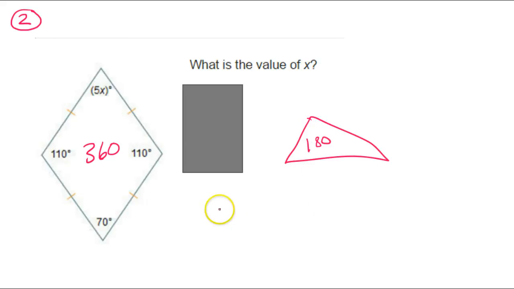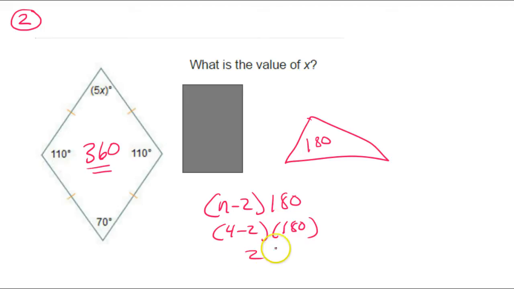But remember, you can use the formula n minus 2 times 180 to figure out the total number of degrees inside of any polygon. If I didn't remember it was 360, that's 4 sides, so I could just do 4 minus 2 times 180. That would be 2 times 180, and that would be 360.